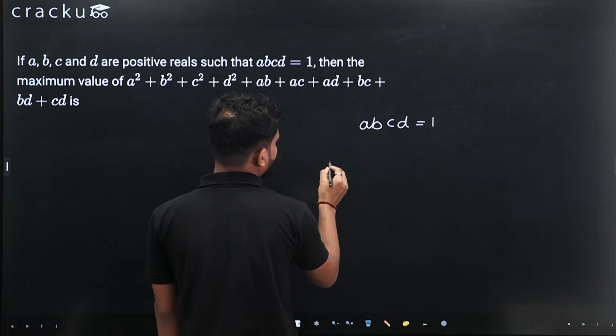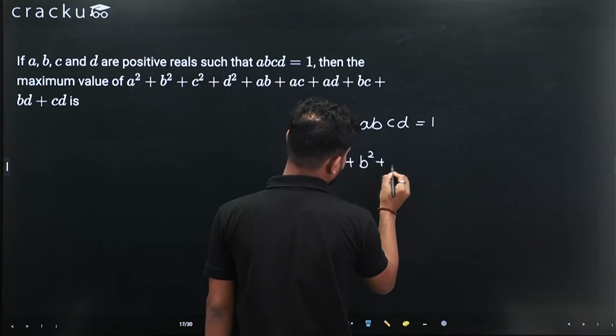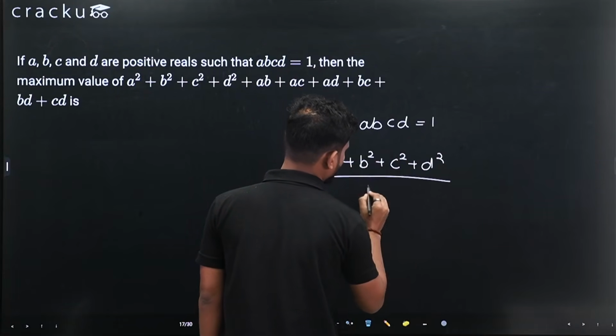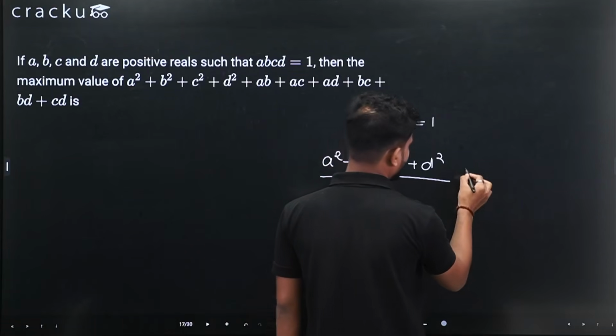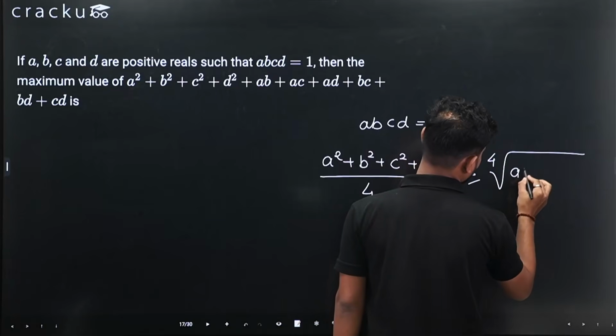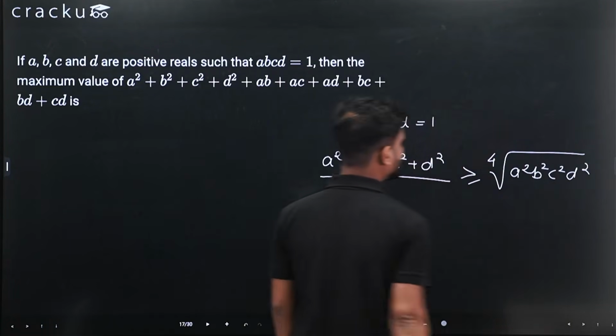Now if you see a square plus b square plus c square plus d square, if you apply the AM greater than equal to GM inequality here, it will be greater than equal to the 4th root of a square into b square into c square into d square.